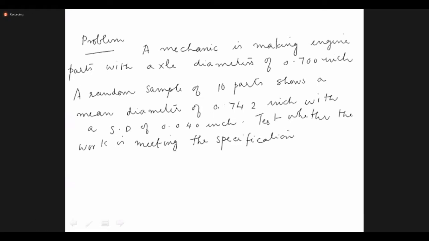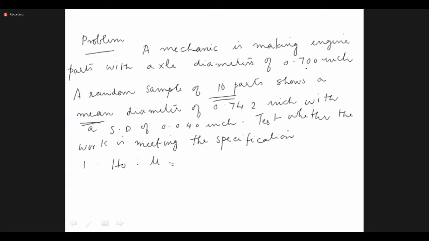Here you see a random sample of 10 parts. It is a small sample, you could understand that. In this problem they are using the word mean, so the hypothesis concerning a single mean with a small sample will be the t-test. Step by step solution. One, null hypothesis H0: mu is equal to mu naught, where mu naught is 0.7 inch, the axle diameter.